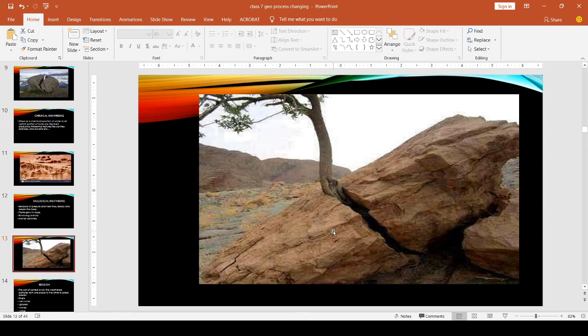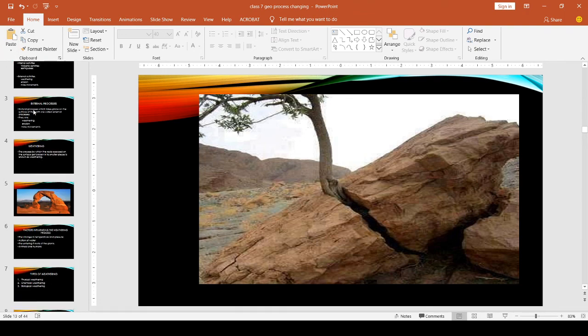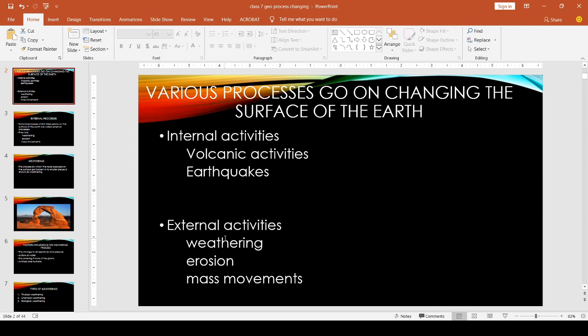Okay, weathering is one of the natural processes that cause the breaking of rocks. Okay, so there are three types of external activities. One is weathering. So we learned what weathering is, what factors influence the weathering process, and the types of weathering.